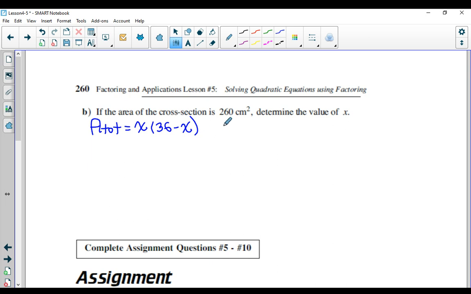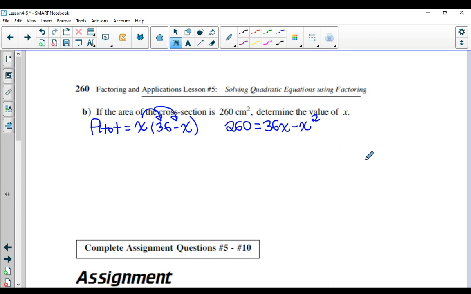The total area we can replace with 260, and that would be equal to, I'm going to expand this again, because I'm undoing what we did in the previous part when we factored out. So this would then be 36x minus x squared.